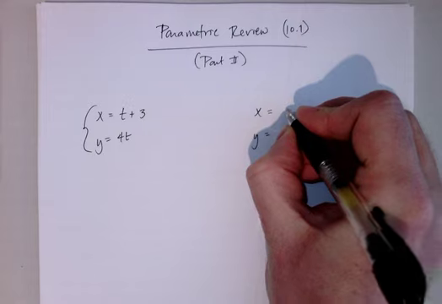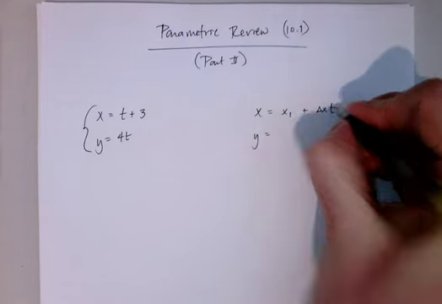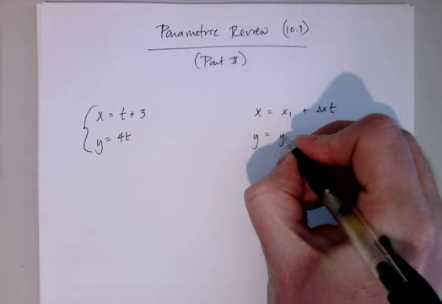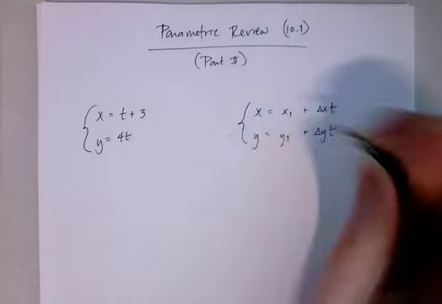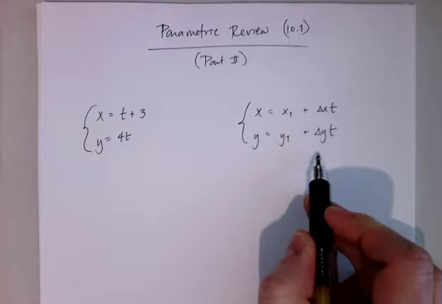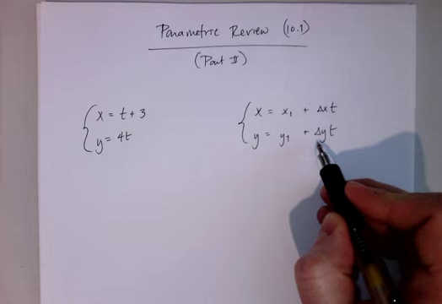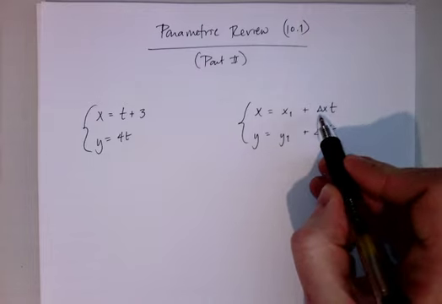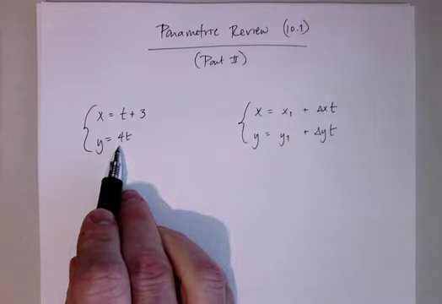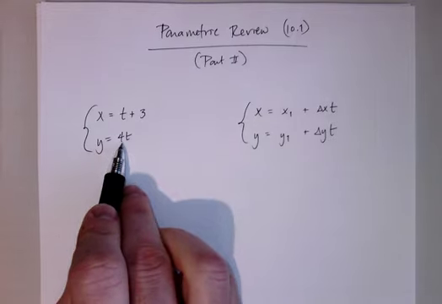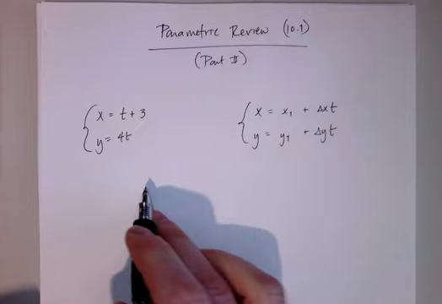Basically, this is x1 plus delta x t over y1 plus delta y t. If there's anything in this sort of format, it's linear. This is the delta y, as in delta y over delta x. This is the delta x, the denominator, right? Because every time in this particular case that y changes 4, x changes 1, okay?